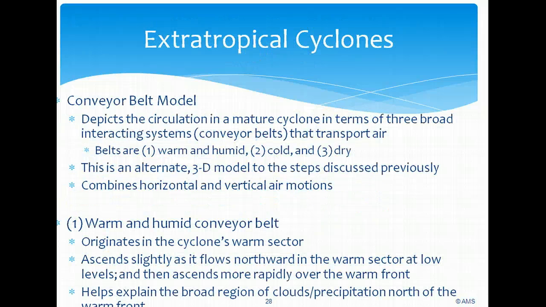As with most weather phenomena, we develop models to try to describe the phenomenon. The earlier model of extratropical cyclone formation is known as the Norwegian cyclone model, and this model was derived primarily from surface weather observations. At that time, researchers back in the late 1920s or so were unable to monitor winds aloft very effectively.